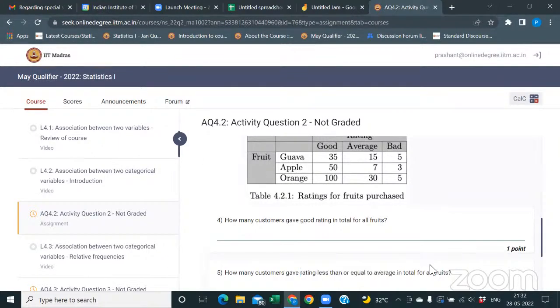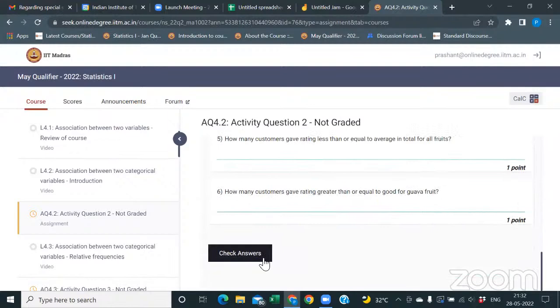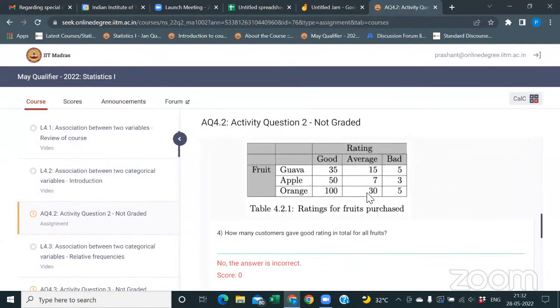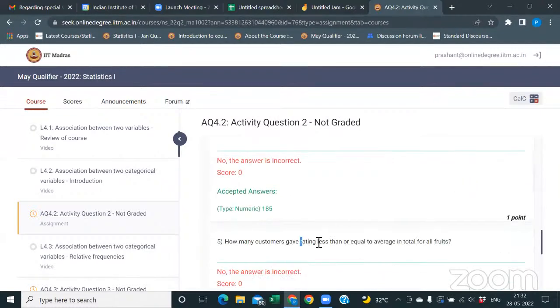So you have to add just bad and average, so it will be 20 plus 10 plus 30. I think 65 is the answer. Yes, sir. Less than or equal to average means you have to find the number of customers for the bad one and the number of customers for the average one.